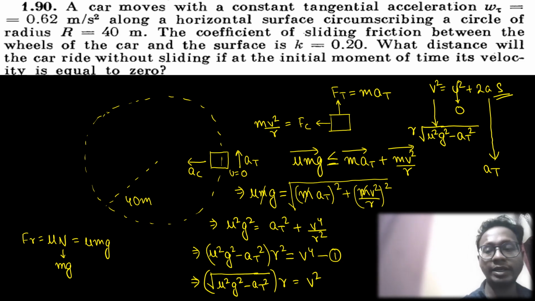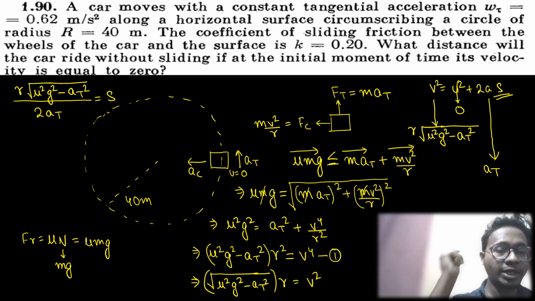So you can find out the distance. r under root of mu square g square minus at square, which is the velocity square, divided by 2 into 80, is nothing but the distance traveled by the car before it slips off the circular path.